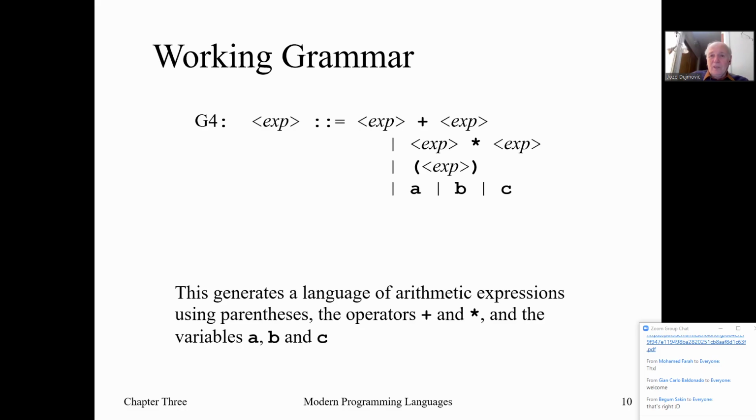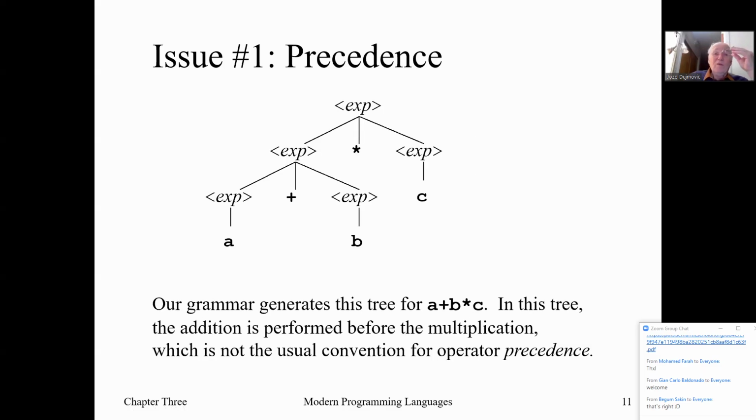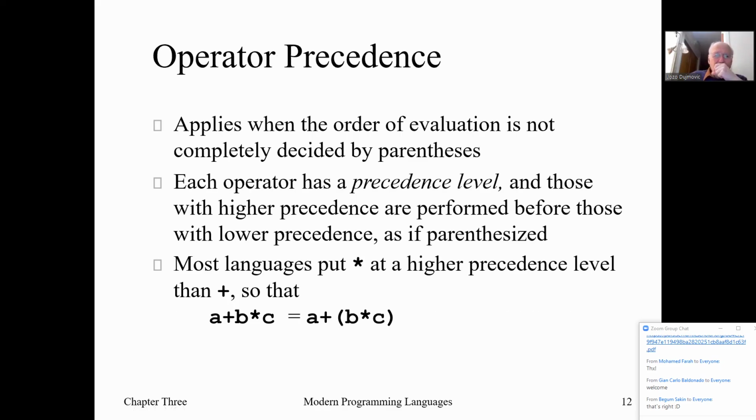So now we have to fix this, and this precedence can be fixed in a specific way, so that most languages put multiplication at a higher precedence level than addition, so that this is interpreted as A plus B times C. So that's the interpretation that we would like to have, not the opposite.